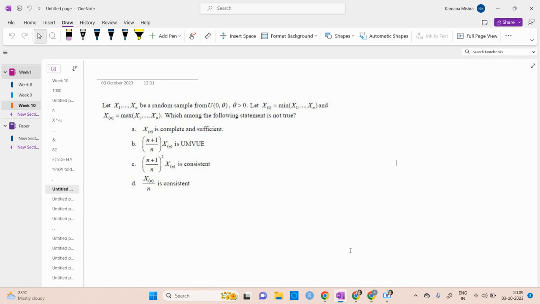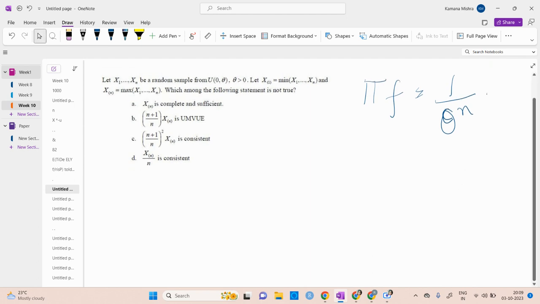So for Xn, the pdf of x is 1 upon theta, and the joint is 1 upon theta to the power n. Now Tn we have given here as Xn.